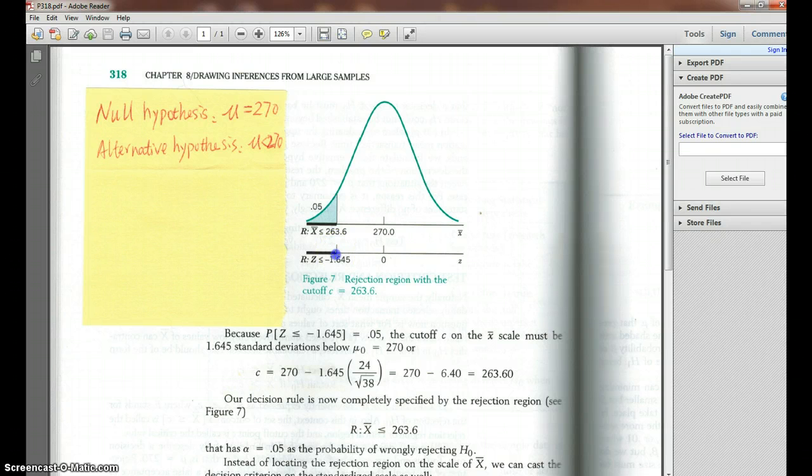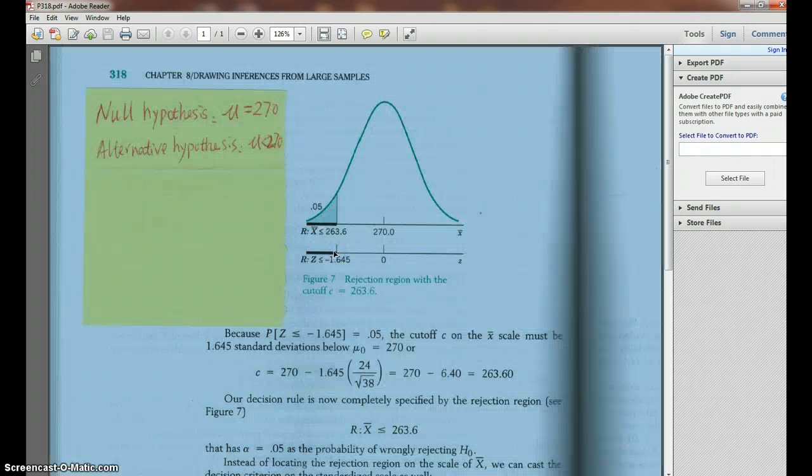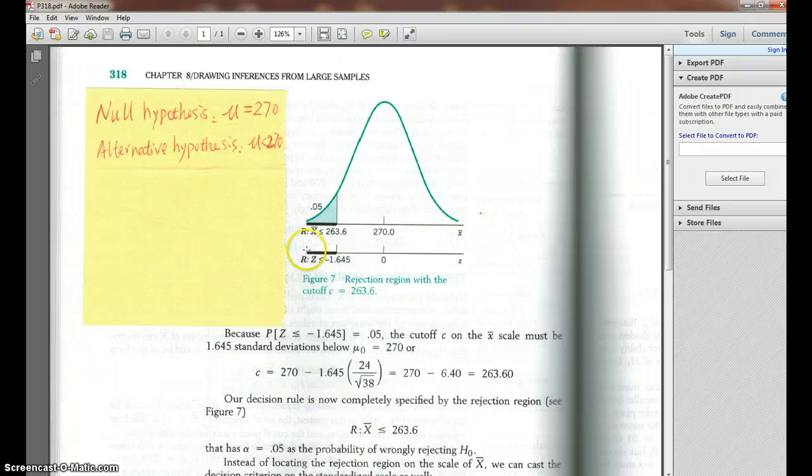But how do we find x bar? Because we know we can convert x bar to z, in other words, we can convert z back to x bar. A different way to understand this is, what does this z-value mean? This black line here means it's a region.